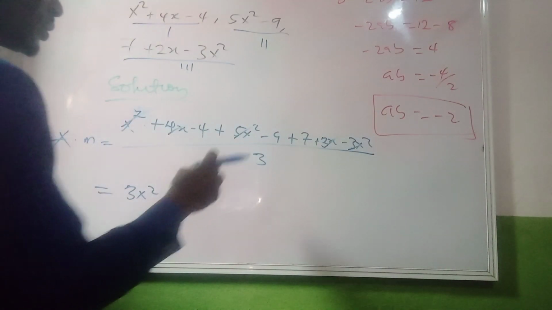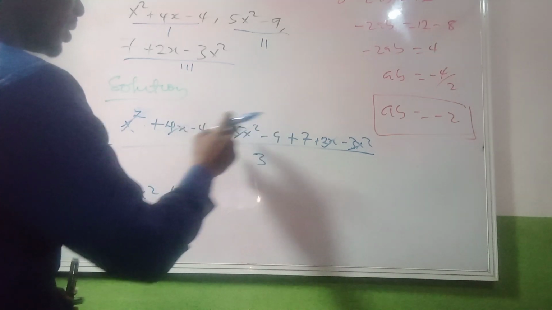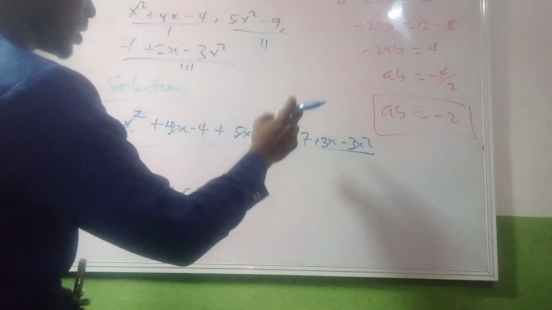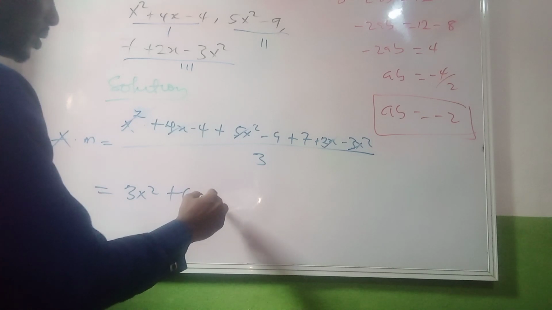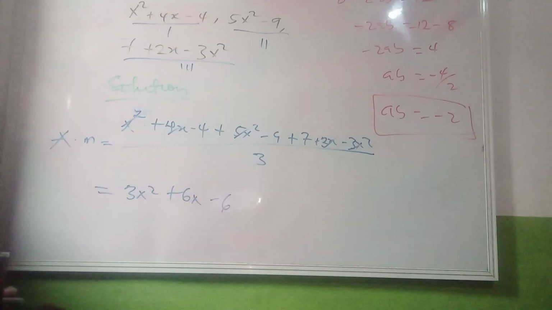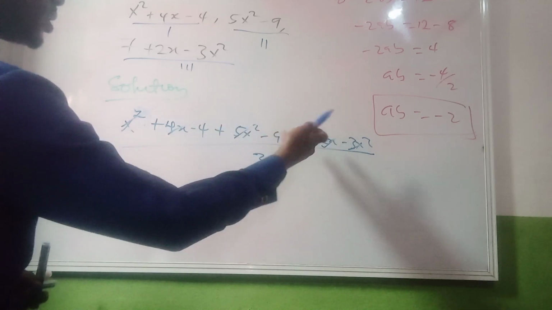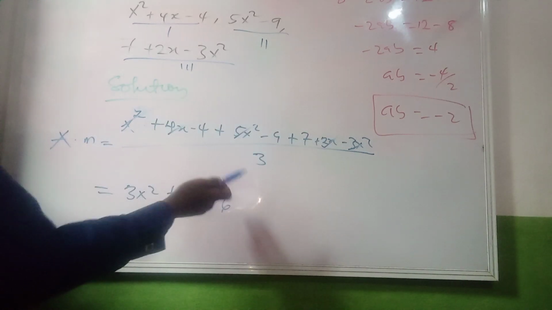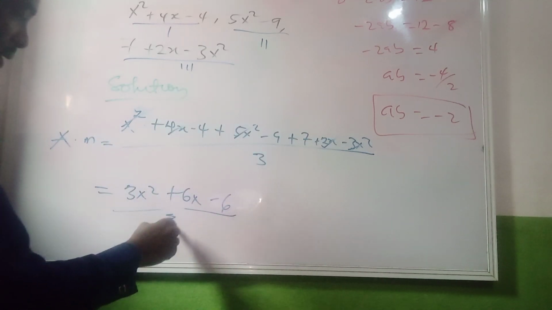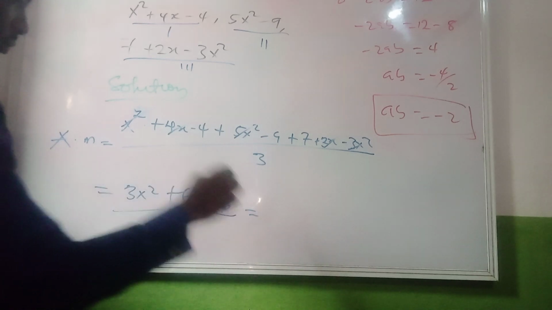And bring the ordinary numbers together: we have minus 4 minus 9 plus 7, that is minus 6. Everything over 3.